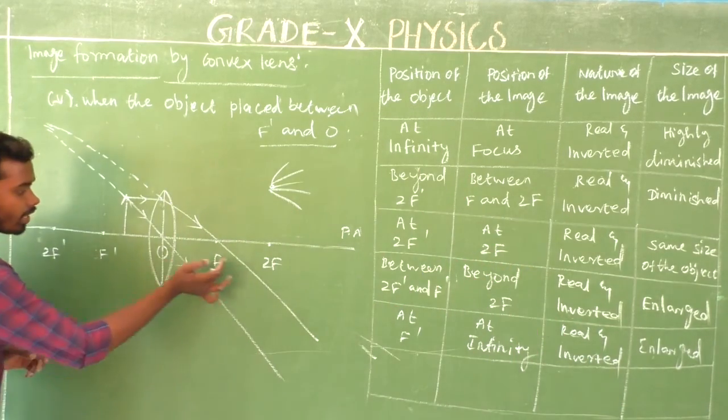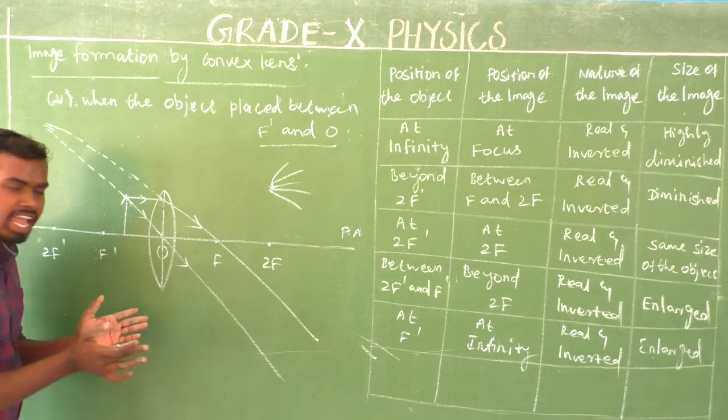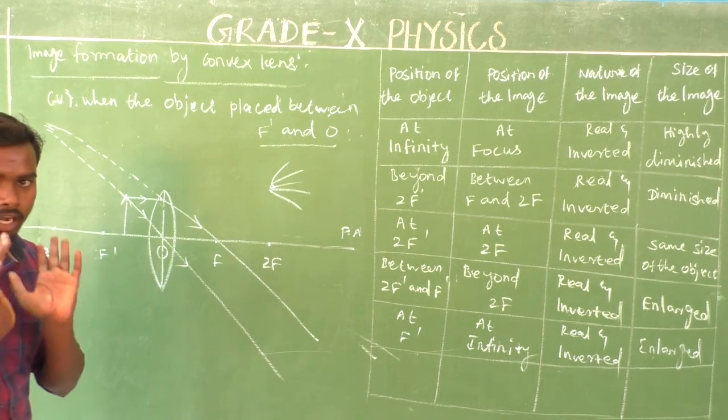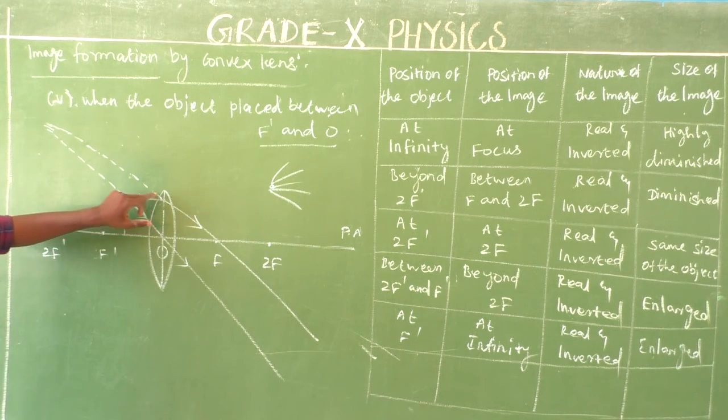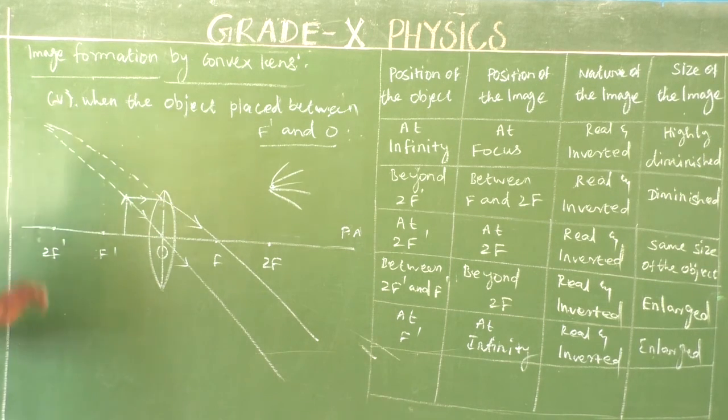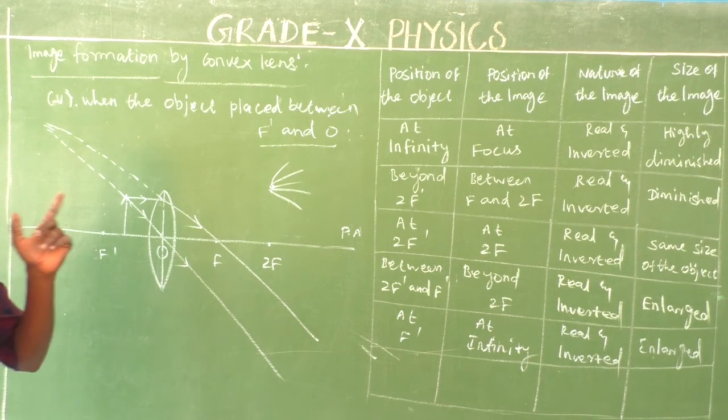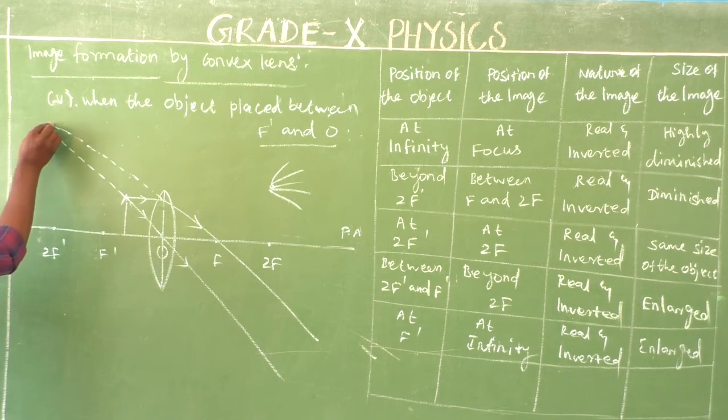So look at here, the two refracted rays look like diverging from a single point. If we extend the two refracted rays at the back side of this convex lens, the two refracted rays appear to meet at a point here.